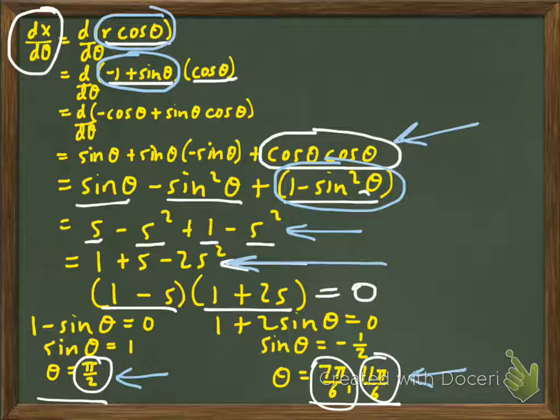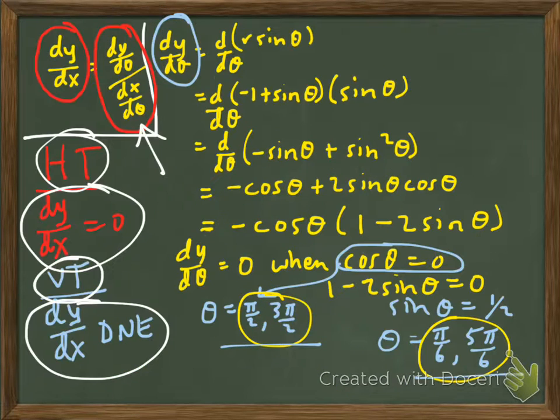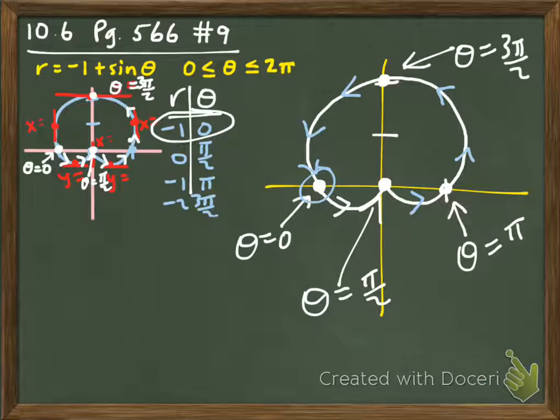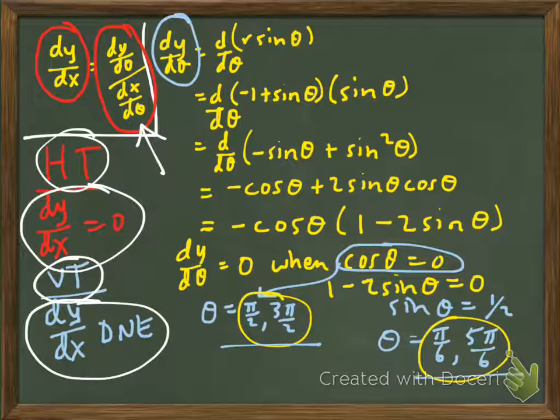In summarizing that, we have the three angles for theta in dx/d theta equaling 0, and the four angles for theta in dy/d theta equaling 0.